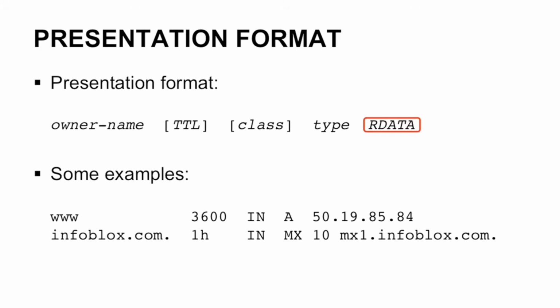An MX record for mail routing requires a 16-bit preference value followed by the domain name of a mail exchanger. You can see a couple examples of resource records in presentation format towards the bottom of the slide. These use different owner name formats, including a trailing dot and no trailing dot, an integer number of seconds for the TTL, and a scaled value.